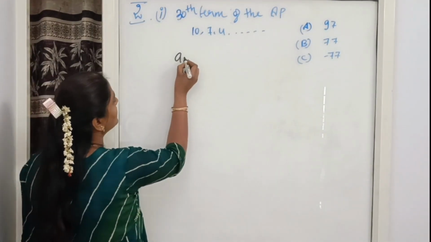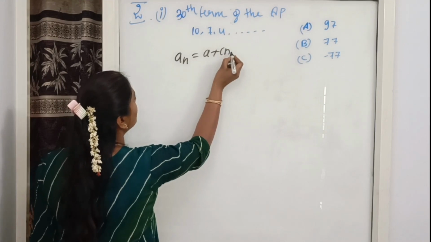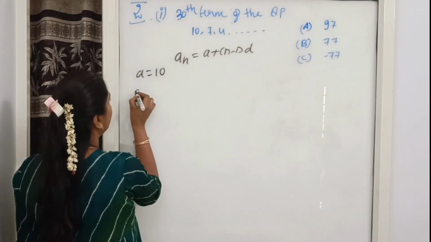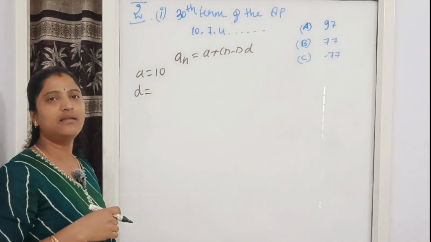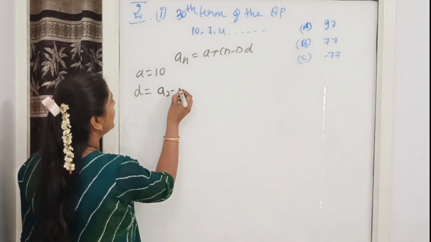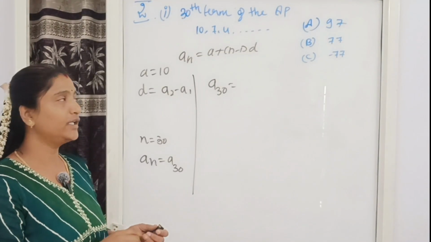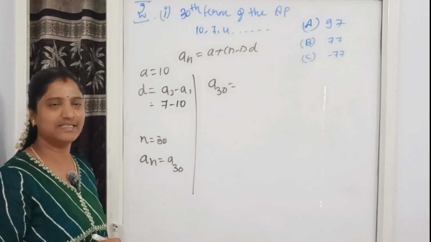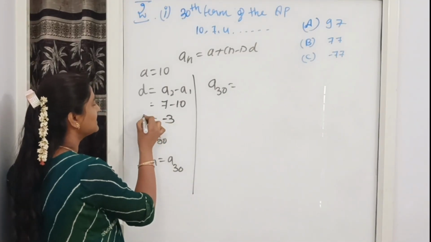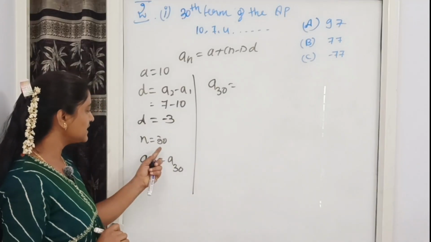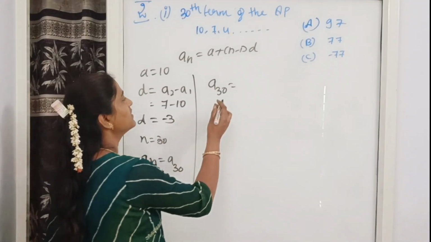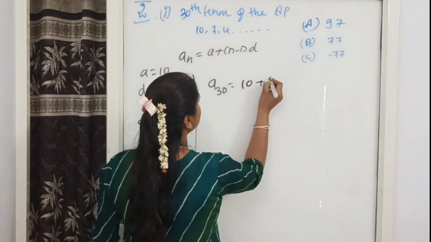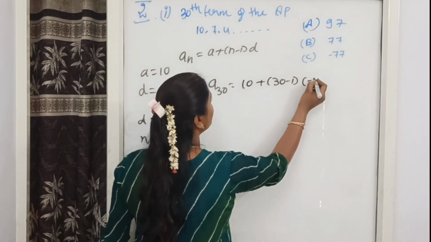Write the formula for the nth term of an AP: a plus n minus 1 into d. Here a is the first term and d, how to find d? Recall the previous exercise, that is a2 minus a1. See children, a2 minus a1, a2 is 7, a1 is 10, isn't it? So 7 minus 10 is minus 3. Clear? So now n is 30, an is a30. So a30 is a plus n minus 1 into d, which is 10 plus 30 minus 1 into d.